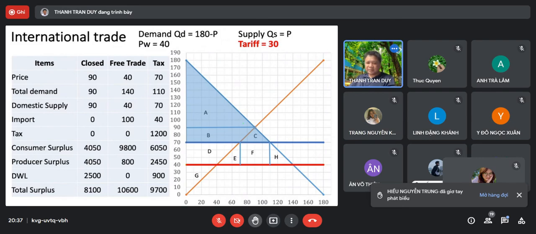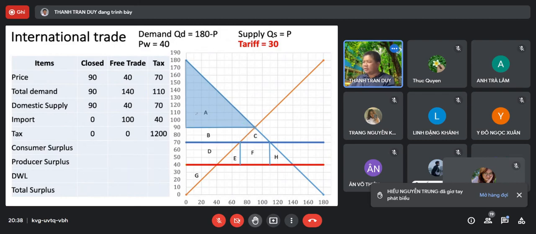So in case of the closed economy, this one will be 90 multiplied by 90 divided by 2. In case of free trade, it will be 140 multiplied by 140 divided by 2. Is it right?